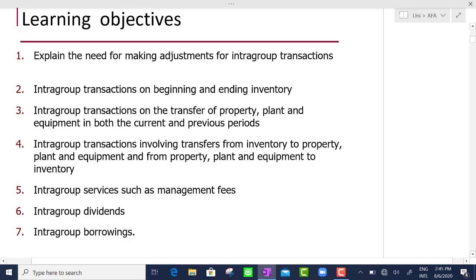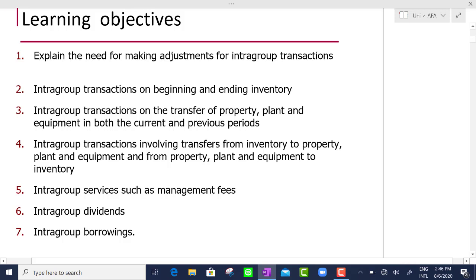And number three, we will be learning how to adjust the transactions on transfer of property, plant and equipment in both current and previous periods, right? And then how to adjust for the transfers from inventory to the PPE and from PPE to the inventory.